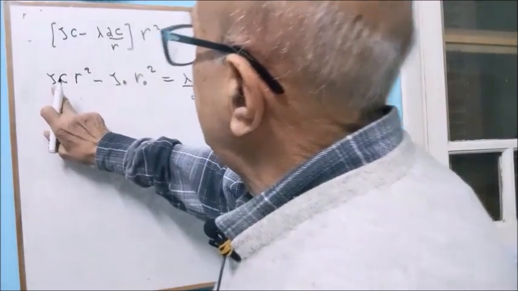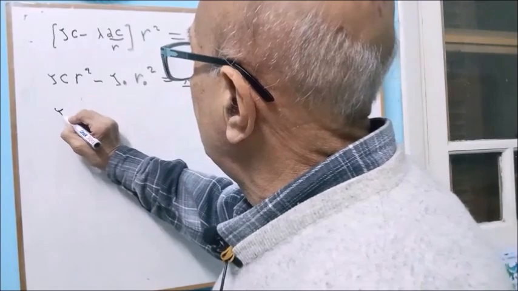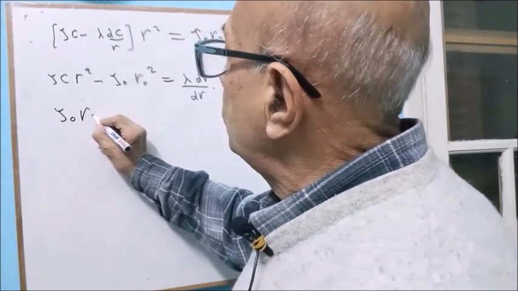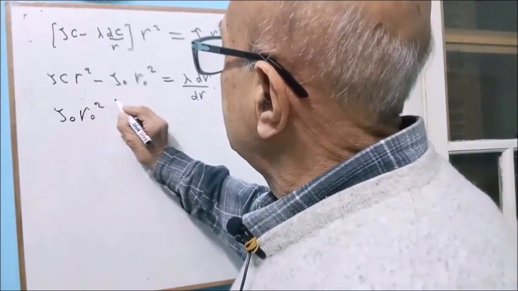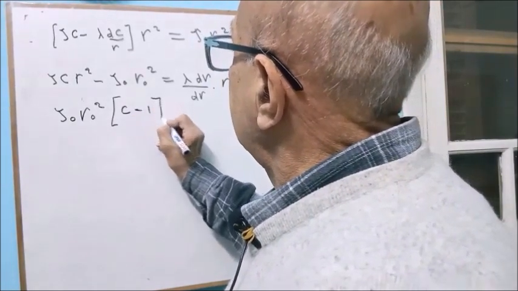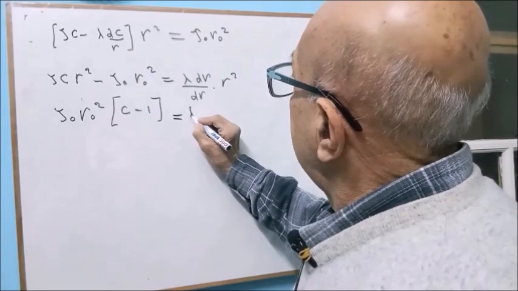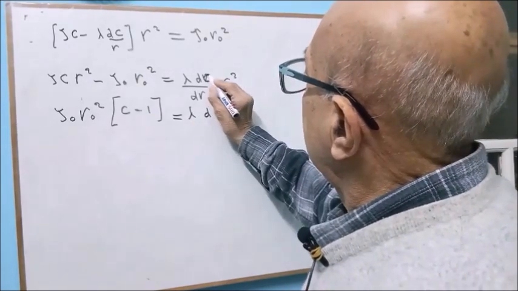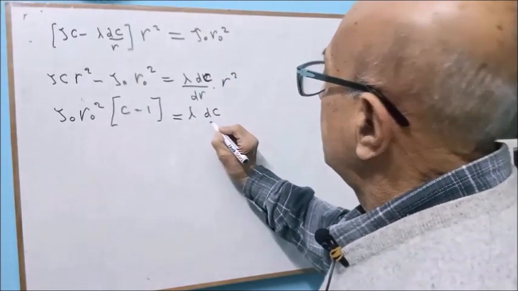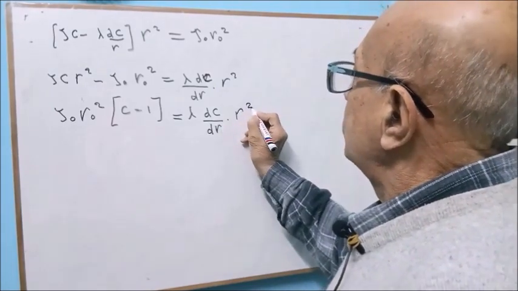So J r squared is always equal to J0 r0 squared, so we take J0 r0 squared as a common factor into C minus 1: J0 r0 squared times (C minus 1) equals lambda dc by dr times r squared.